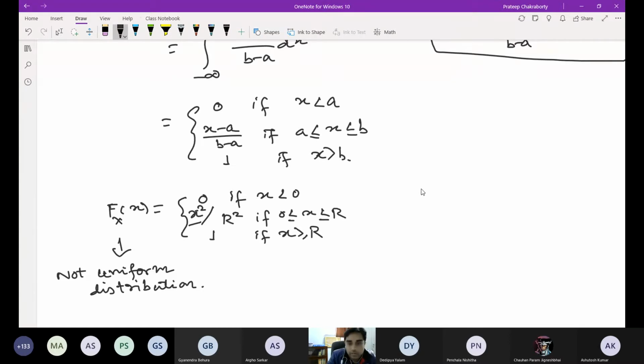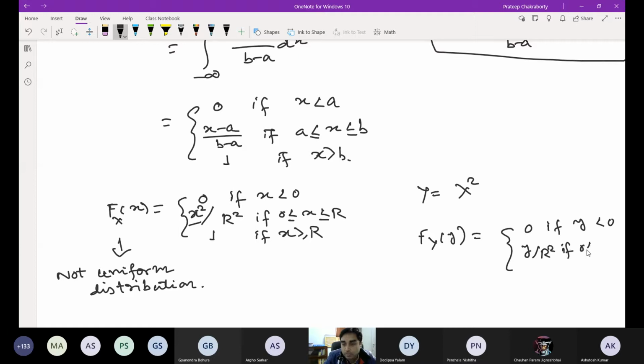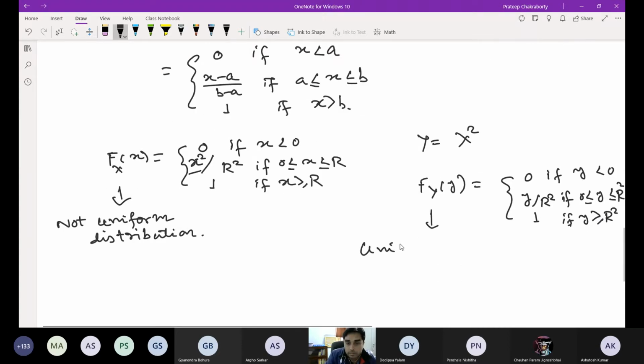But if we take y equal to x square, then the distribution function is 0 if y less than 0, y by r square if 0 less than or equal to y less than or equal to r square, and 1 if y greater than or equal to r square. So this is a uniform distribution function.